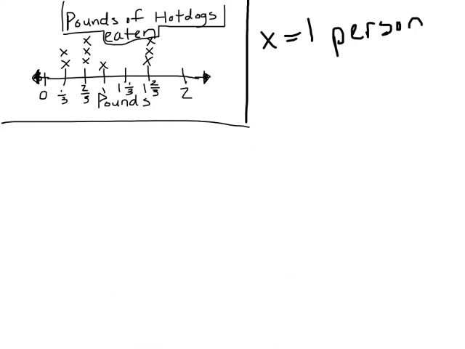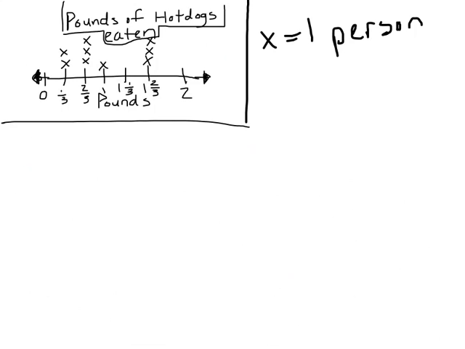What's the total number of people who participated in the hot dog eating contest? 9 people participated in the hot dog eating contest. There's 2, 5, 6, 9 X's. What was the total number of pounds of hot dogs eaten in the hot dog eating contest?